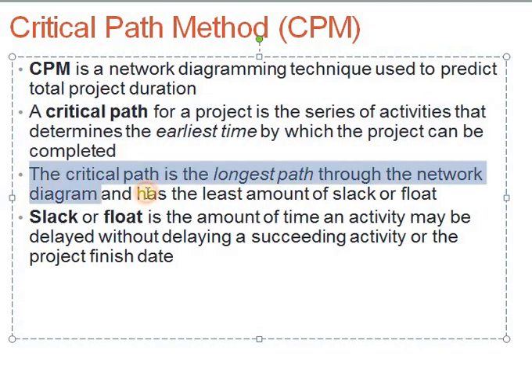The critical path is the longest path through the network diagram and has the least amount of slack or float. So in order to get the duration of every path of this network diagram, the critical path is the one with the longest duration, and it has the least amount of slack or float value.